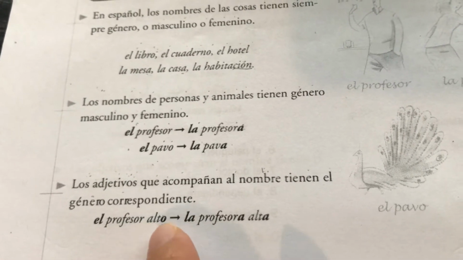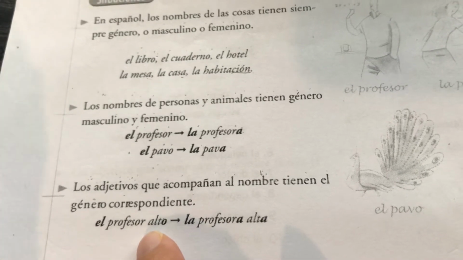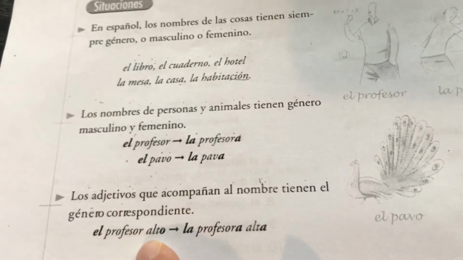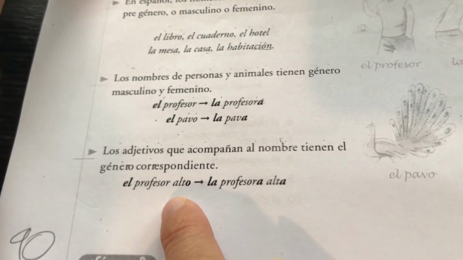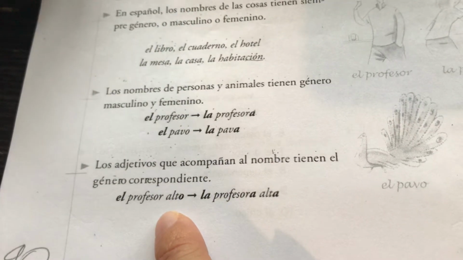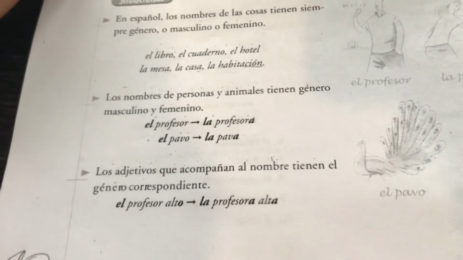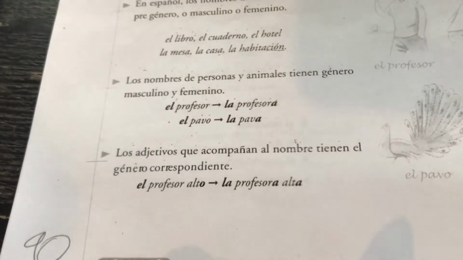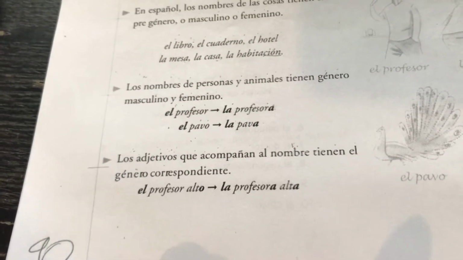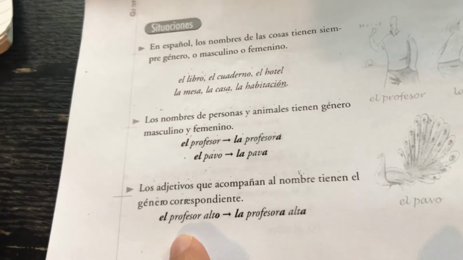You notice that the word tall is now alto, alta. Let's just focus on this one first. In English we say the tall teacher, so the adjective goes in front of the noun. But in Spanish, most of the time the adjective goes after the noun.